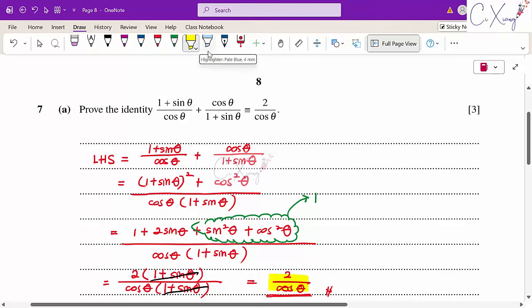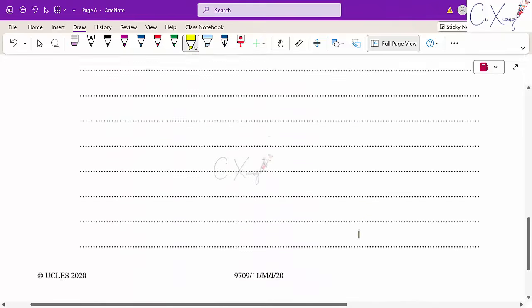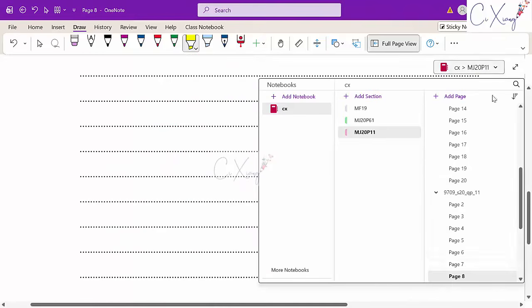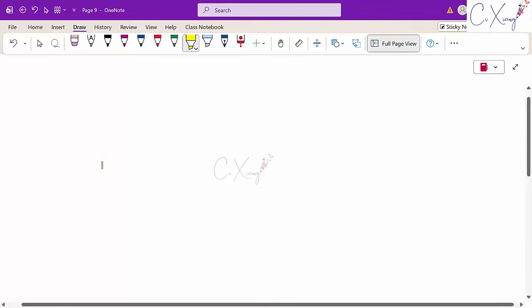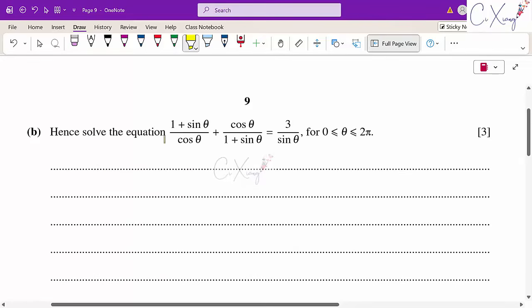Then let's continue to part B. They want us to solve this equation, equals 3 over sine theta, for theta between 0 and 2 pi.